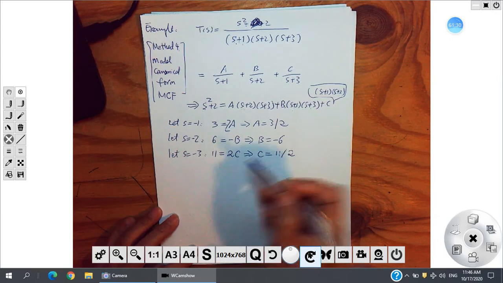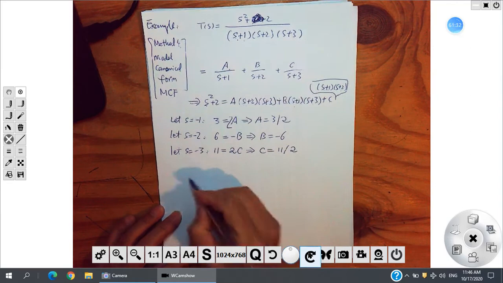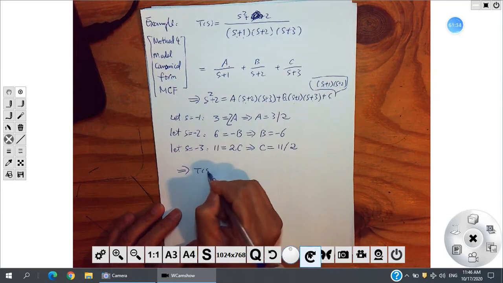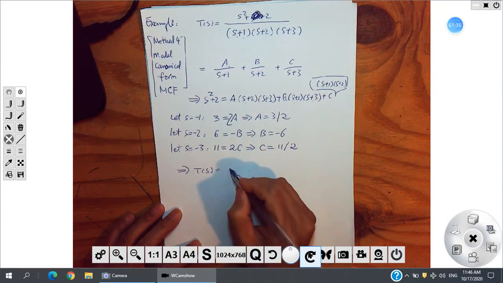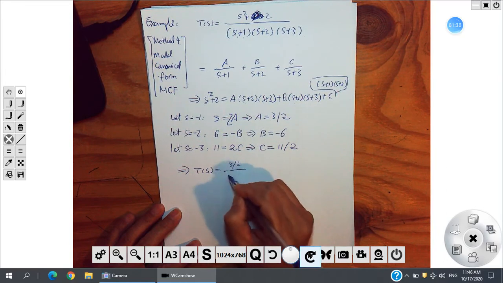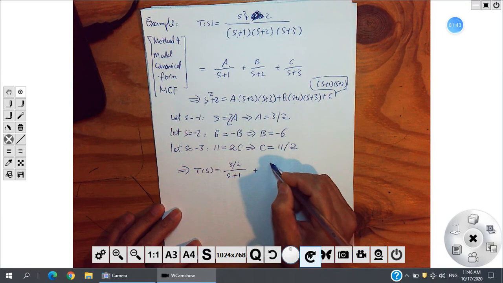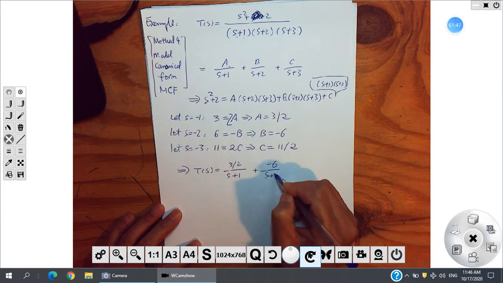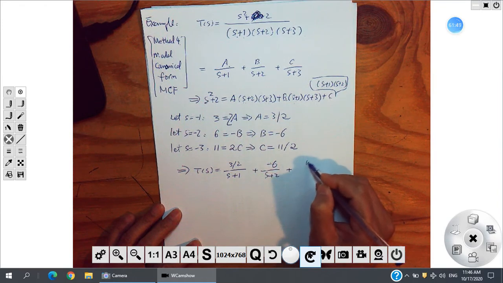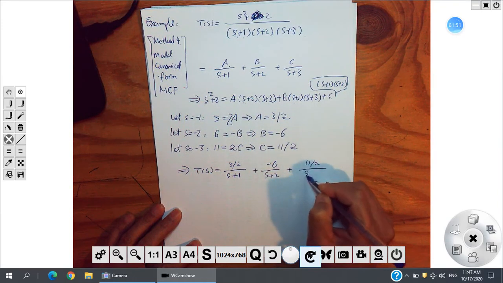Alright, I have A, B, C. So T of S equals 3 over 2 times 1 over S plus 1, and -6 over S plus 2, and 11 over 2 over S plus 3.